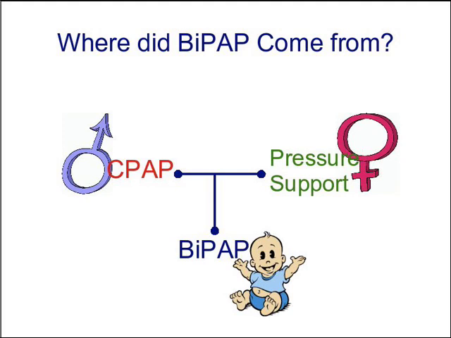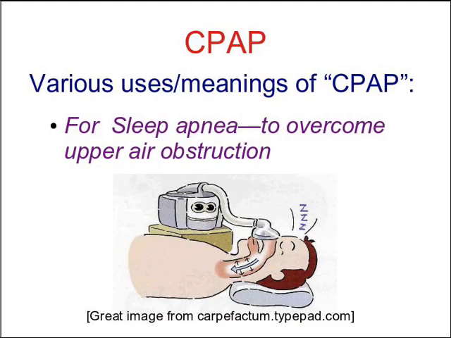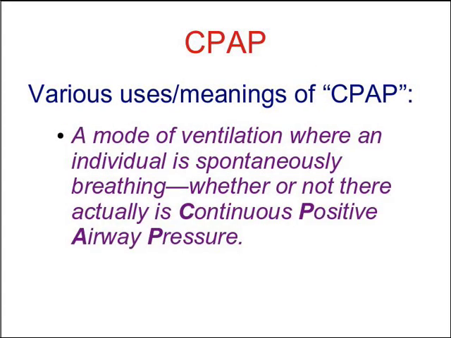Since CPAP predates BIPAP, let's talk about that a little bit. But let me warn you, CPAP has several distinct yet related definitions, or meanings, you might say. For example, continuous positive airway pressure is used for sleep apnea to overcome airway obstruction, like you see in the cartoon. Let me clarify: upper airway obstruction.